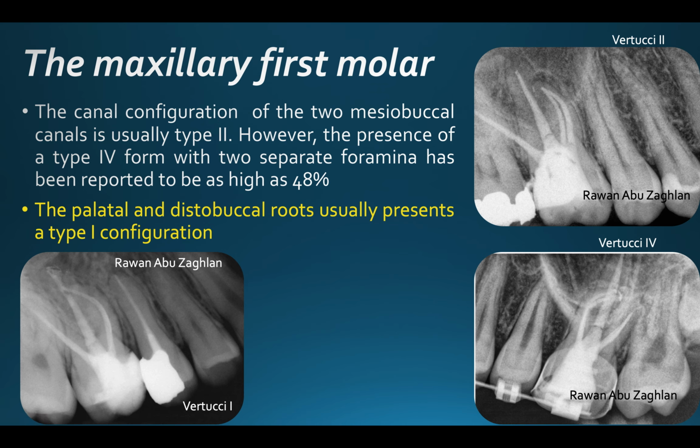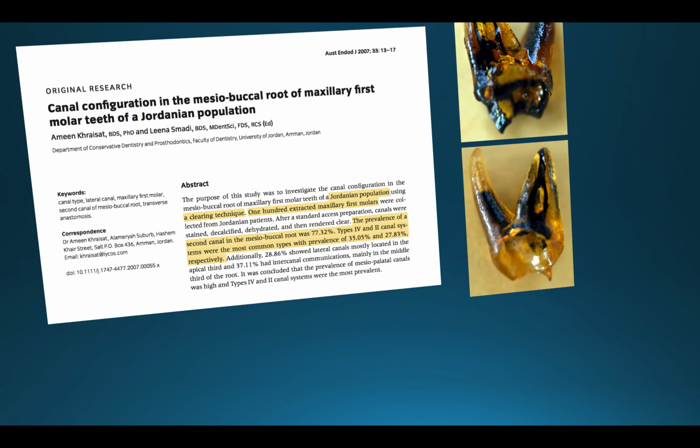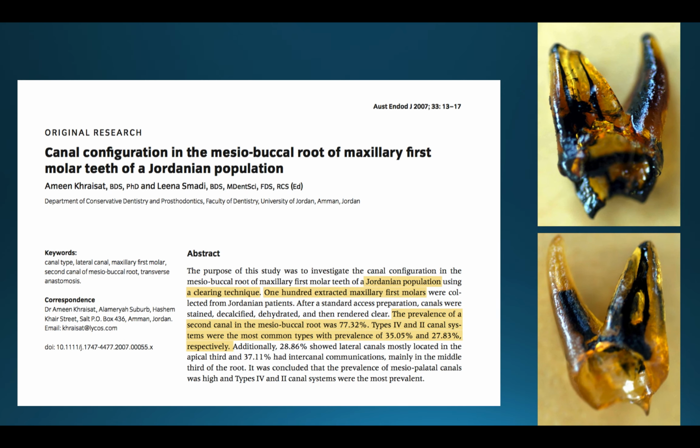Now, there was a study of the root canal anatomy conducted on extracted teeth of the Jordanian population. They took 100 extracted maxillary first molars and looked at the root canal anatomy in the mesiobuccal root, and they found out that a second mesiobuccal canal was present in around 77% of the studied teeth.